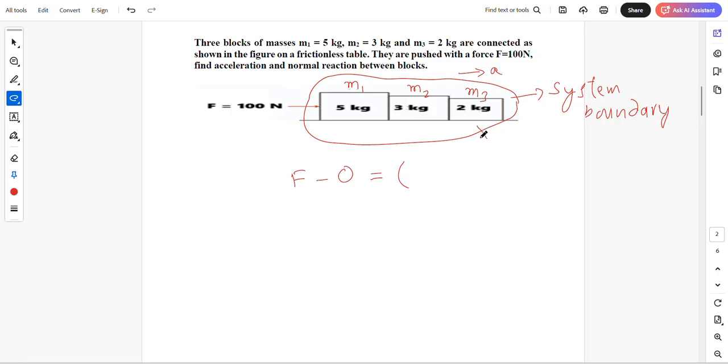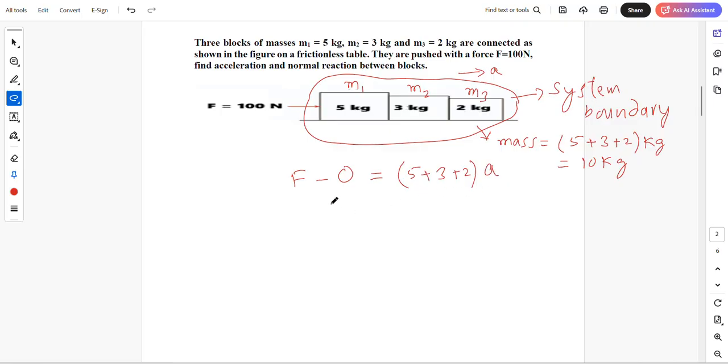How much is the mass here? Mass is equal to, add up all the masses, that is 5 plus 3 plus 2, that is 10 kg. So 5 plus 3 plus 2 into acceleration, mass into acceleration.